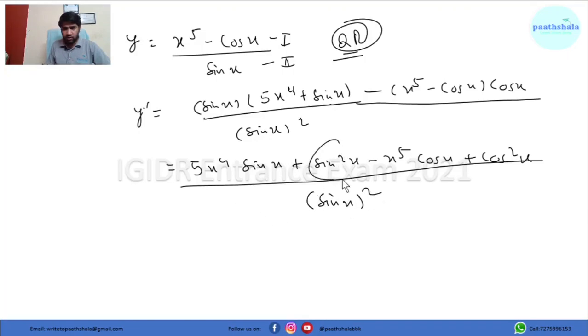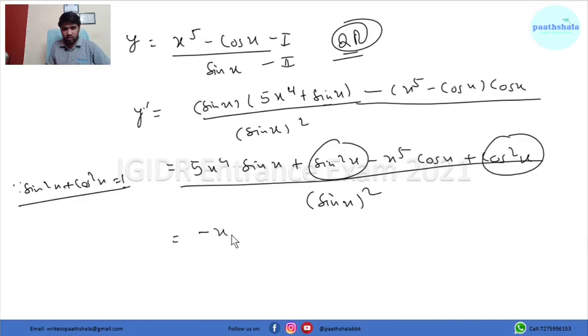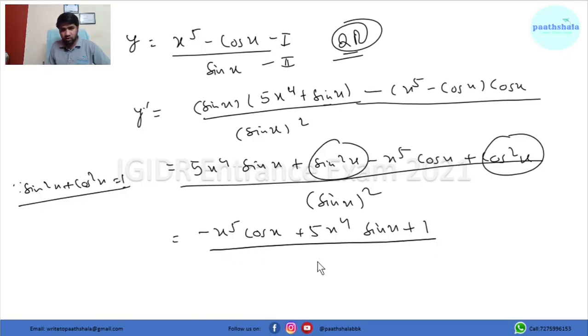So here you can see that sin square x plus cos square x is an identity, which equals 1. So this will become (minus x power 5 cos x plus 5x power 4 sin x plus 1) whole upon (sin x) whole square. So this will be your final answer.